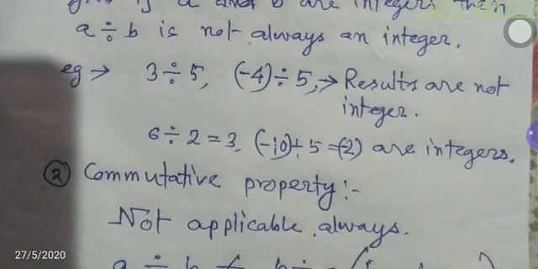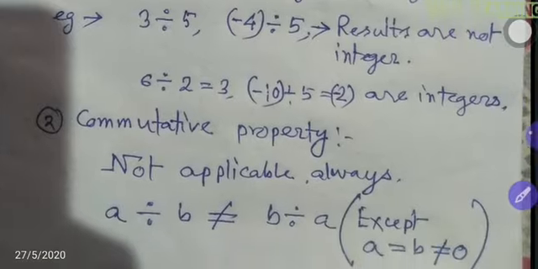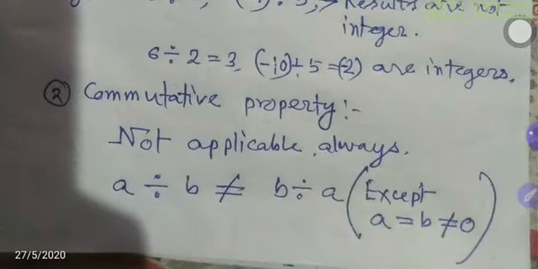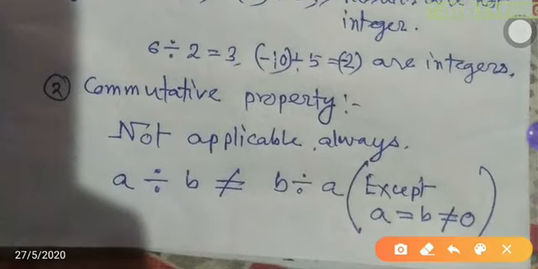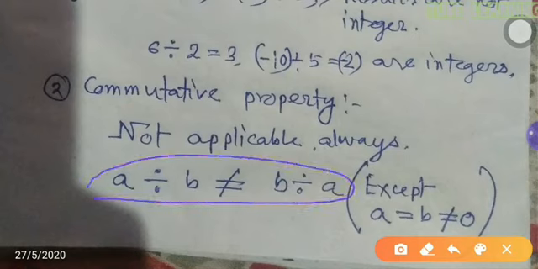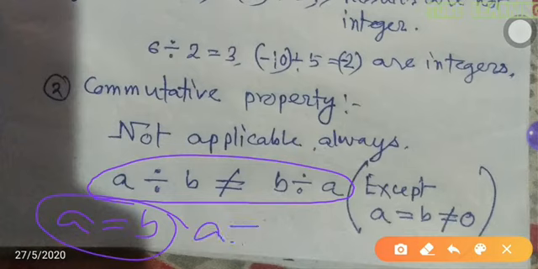Next is the commutative property. What is the commutative property? It means a divided by b is not always equal to b divided by a. The exception is if a equals b, then a divided by b will be equal to b divided by a.